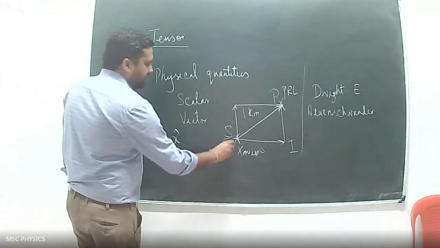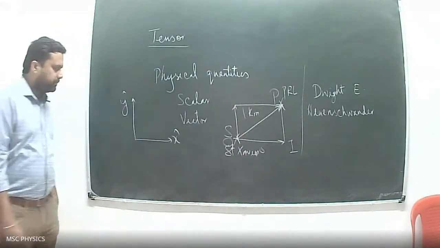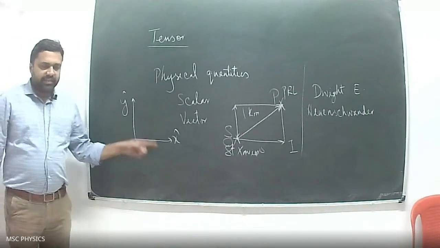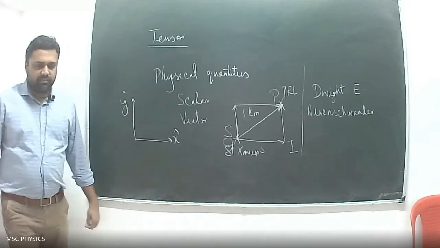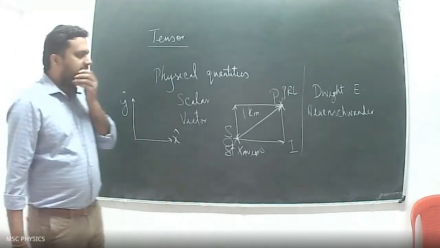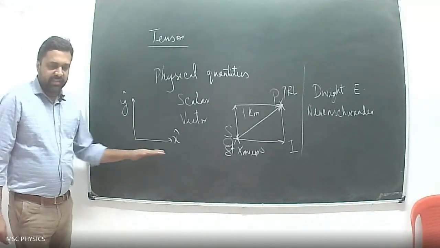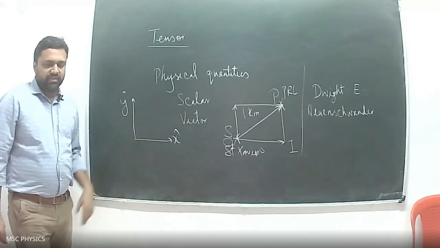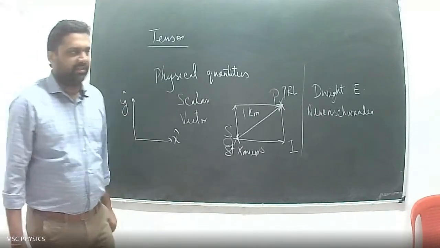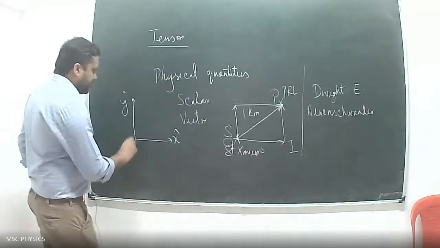If this is your origin, then it is positive. So you need two directions, two vectors now. Instead of one vector, you need two vectors, which are along two mutually perpendicular or mutually orthogonal directions. They make a 90-degree angle.